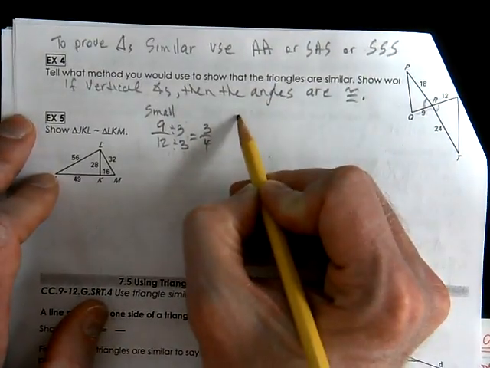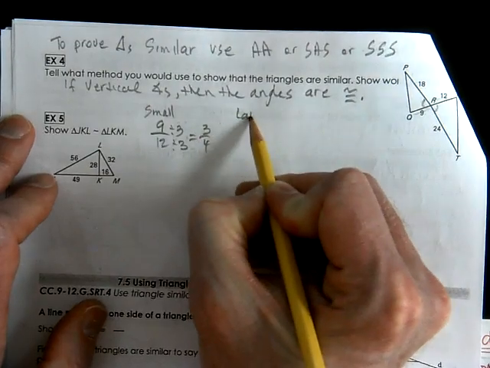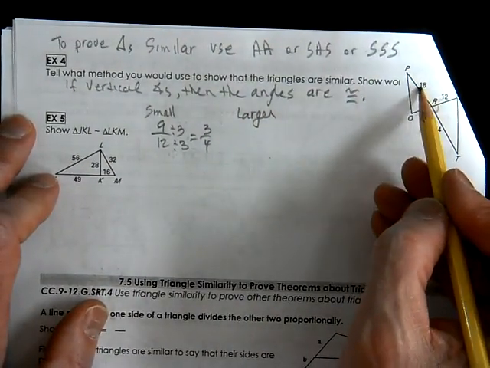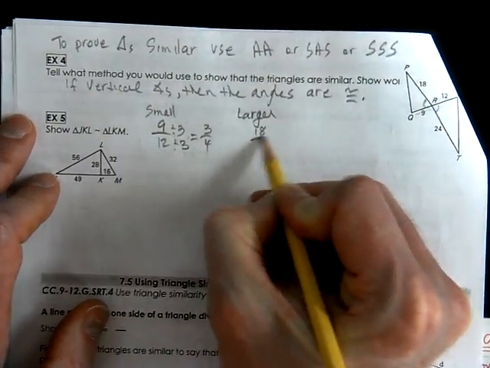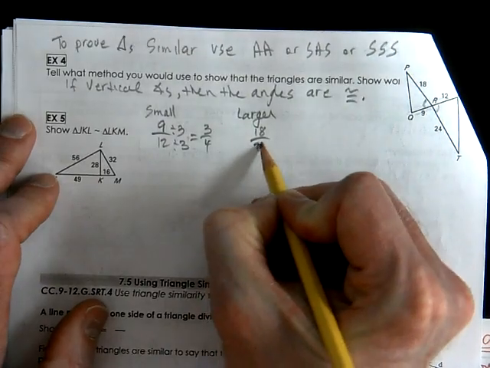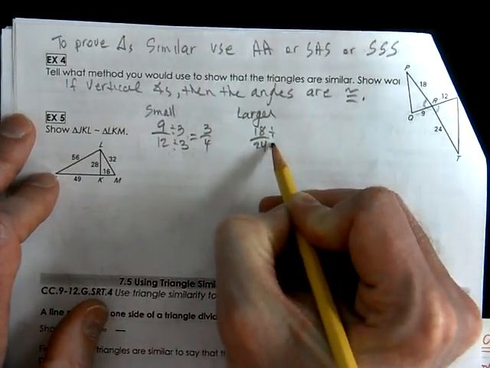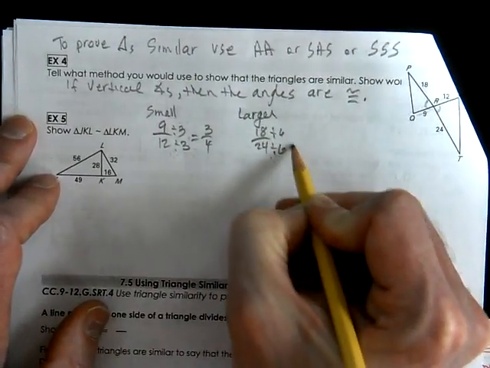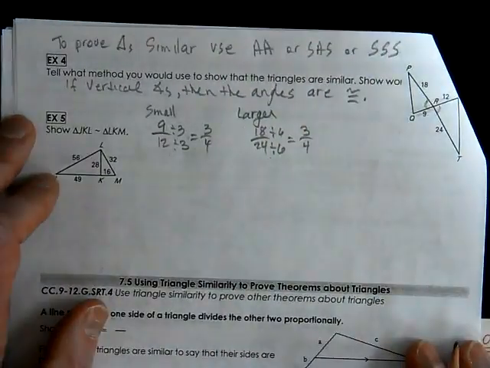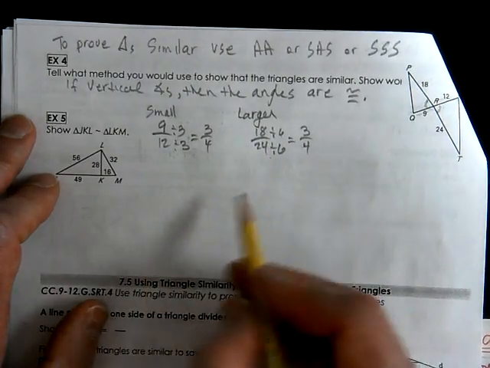I have to compare that to the other. Let's look at the larger number. The larger number of the small triangle is 18. And the larger number of the bigger triangle is 24. Looks like 6 goes into both of these. 6 goes into this 3 times. 6 goes into that 4 times. Hey, the scale factors are the same.